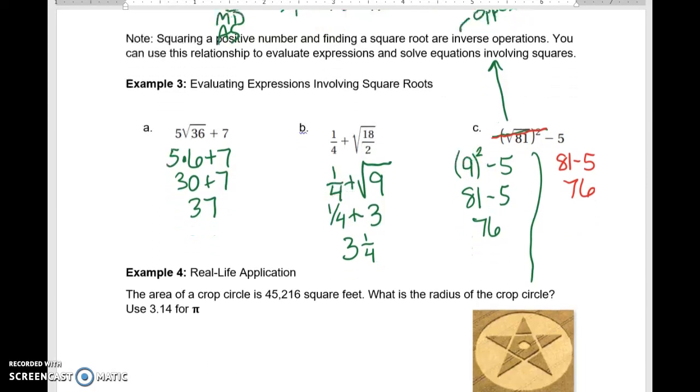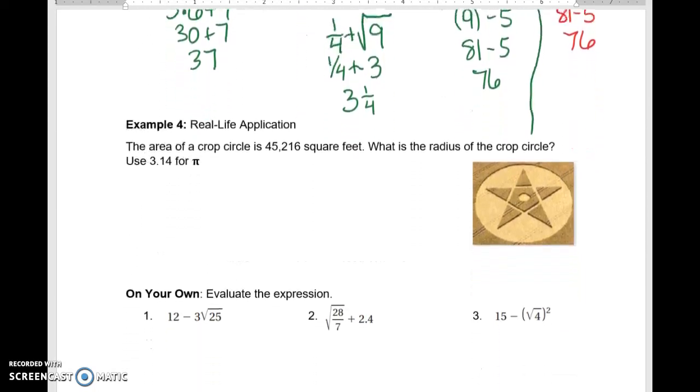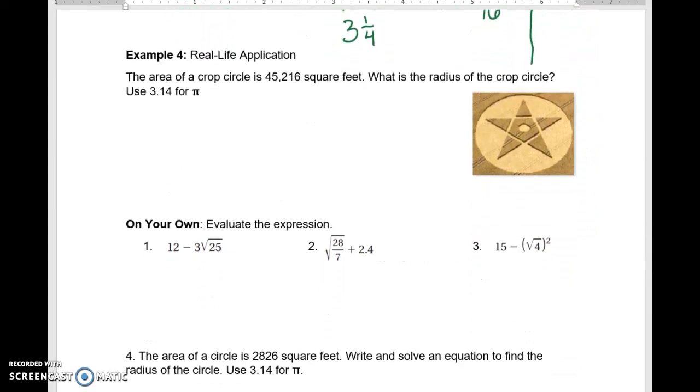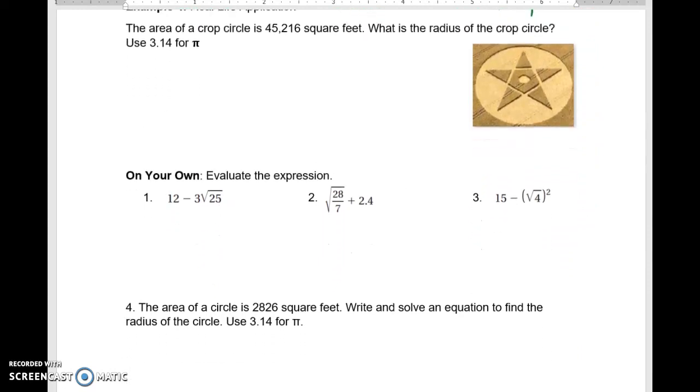All right, moving on. Little area, little review of the formula that we need for the area of a circle. And that formula, you should know this, but it is A equals pi r squared. The area of a crop circle, that's how I knew we needed this formula, is this in square feet. What is the radius?